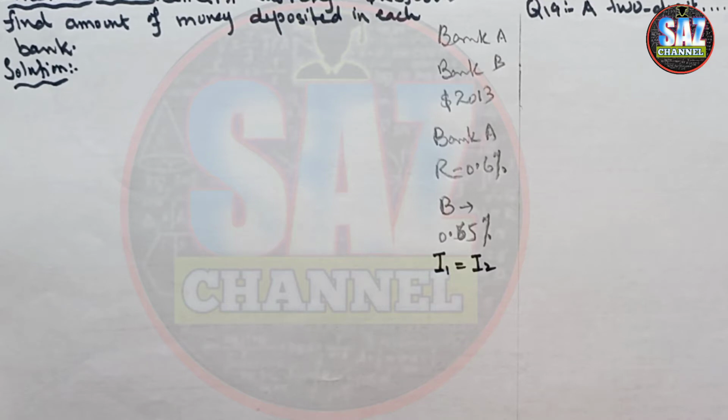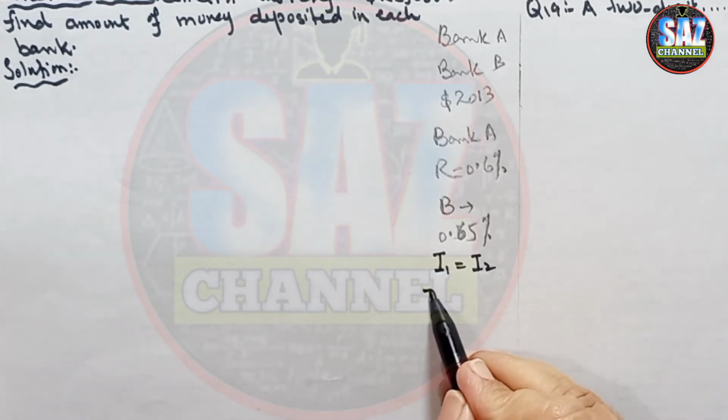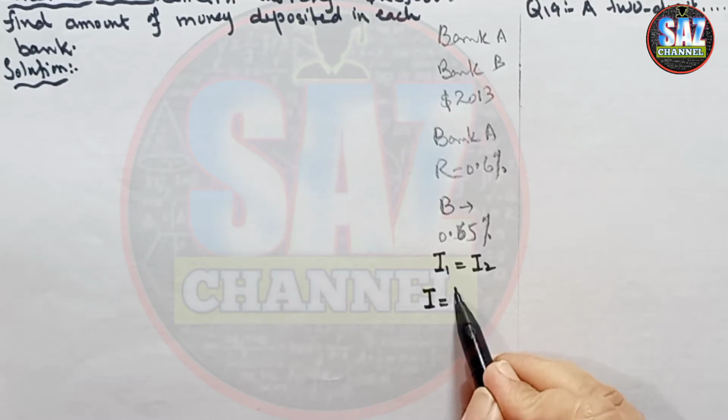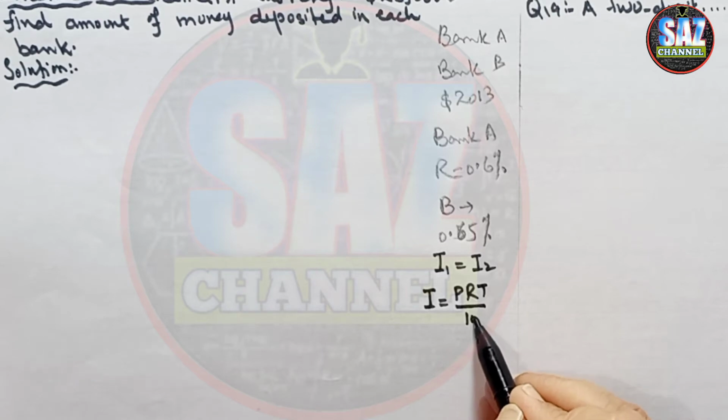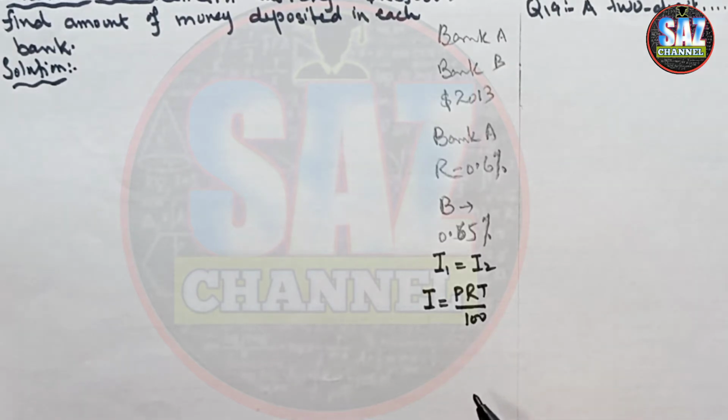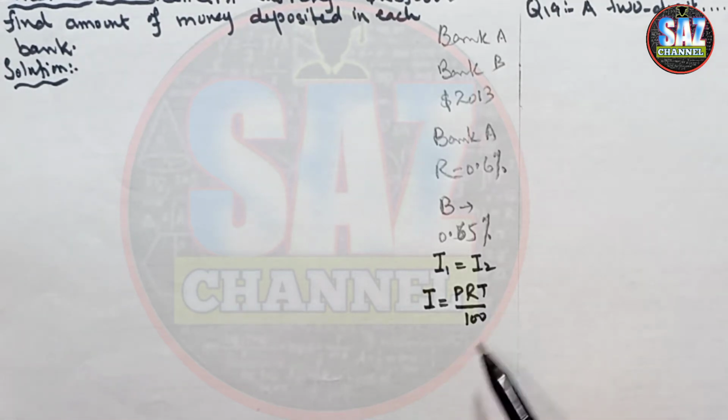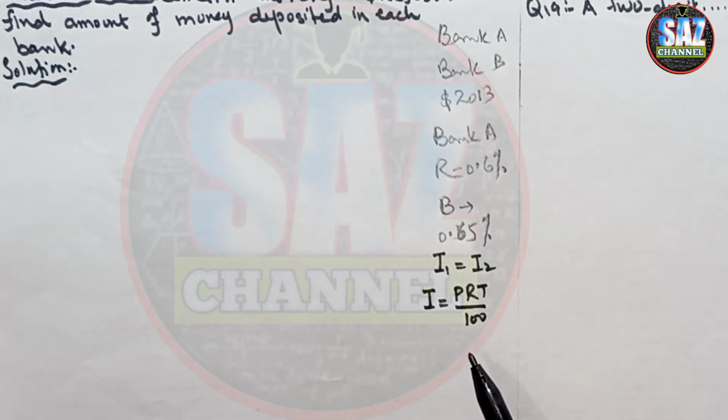First of all, what is the formula for simple interest? I equals PRT upon 100. In this formula, we will be replacing the values and we will be getting two equations. As this is a pure interest question, instead of the letters x and y, I will be preferring the pure language of this topic.